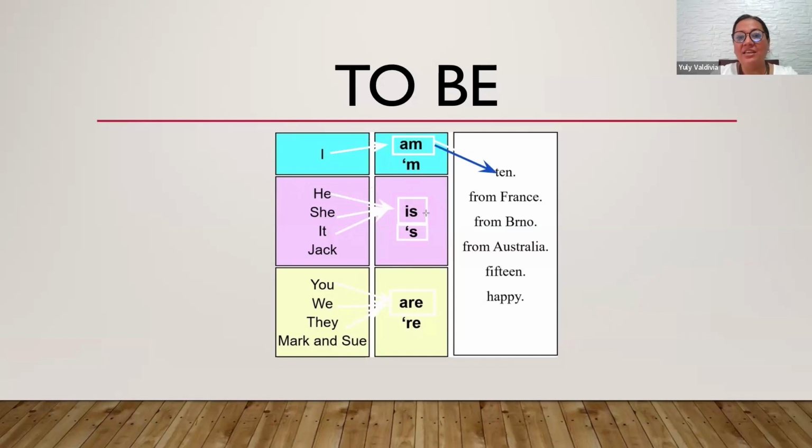He is 10. He is from France. He's from Australia. He's 15. He's happy. Okay. But what is important is that you remember, guys, the verb to be has three different forms.